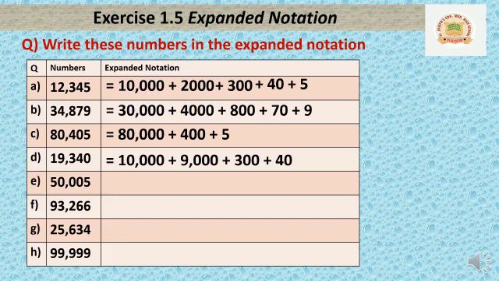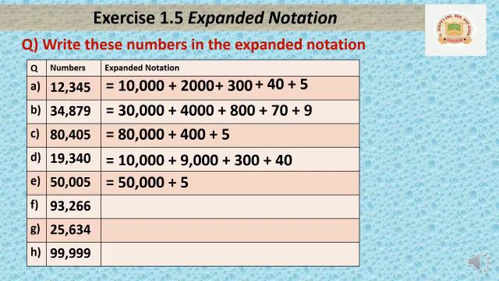Now here in the 10,000s place we are having 5. In the remaining places we don't have digits, we are having zeros. Then directly in the ones place we are having 5. So how to write the expanded notation? 50,000 plus 5. This is the method to write the expanded notation. Now F question.